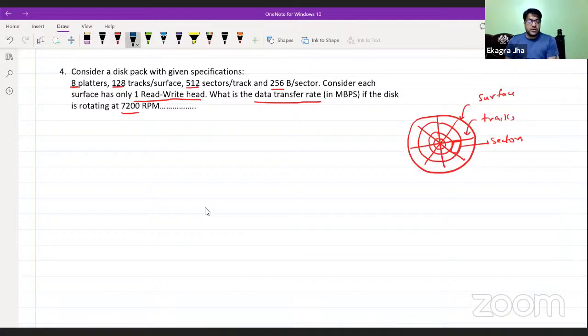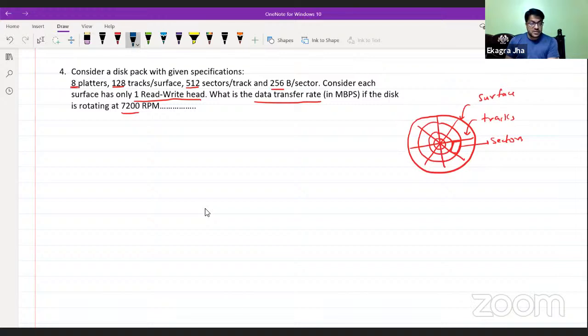So all you need to find is the data transfer rate, and to find it you must have the revolutions, and the total data on the single surface, or how much data is going to get transferred in one revolution, that is the amount of data in a particular track. So let's have the formula of data transfer rate.